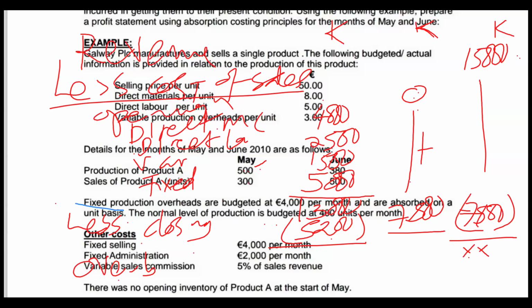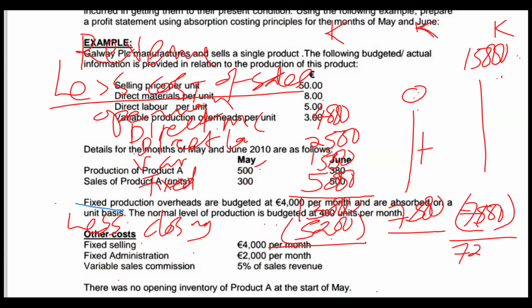We are adding it. It should increase the profit, not decrease it. So deduct 15,000 minus 7,800. What do you find? 7,200.